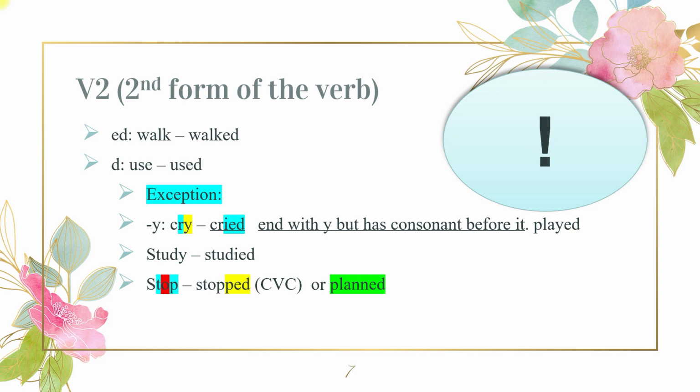In the word stop, P is doubled and we add ed. In the word plan, N is doubled and we add ed. These are some exceptions in the verb two, or second form of the verb, that everyone should remember. If you know another word, just write it in the comment section.